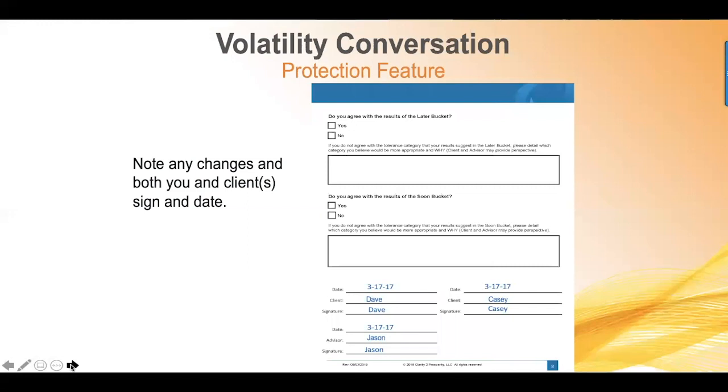So I know you already said you agree with the results of the later bucket. Do you also agree with the results of the soon bucket of the stable scoring? For me, Jason, because we're going to be really growth oriented out in the later bucket, if there was a way in our plan, like if we had the ability to not have stock exposure in that kind of soon bucket, I feel like me personally, I would rather go that route.